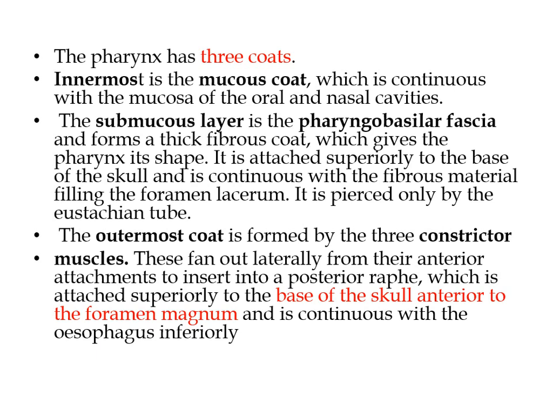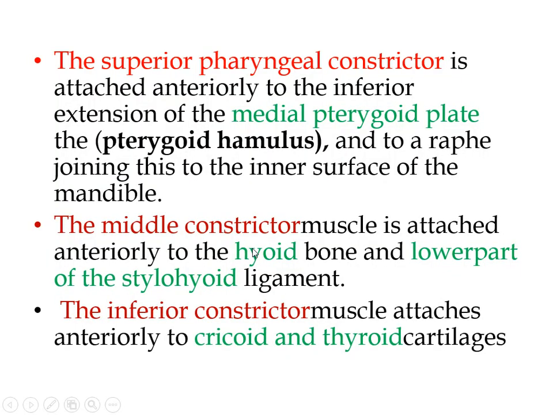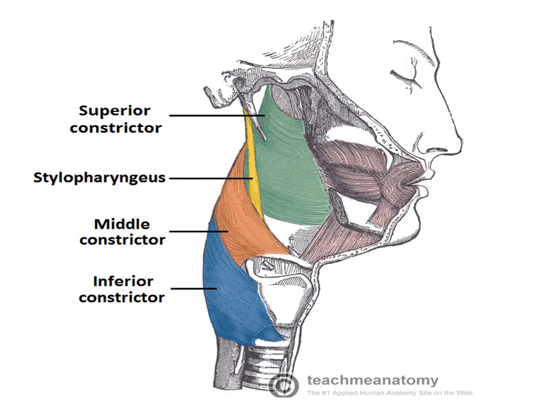It has three coats: the mucous coat, the submucous layer, which is called the pharyngobasilar fascia, and the outermost coat, which is the constrictor muscle. There are three constrictor muscles: superior, middle and inferior.